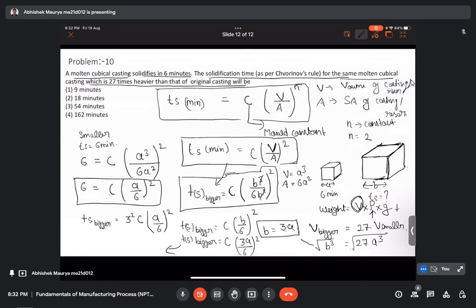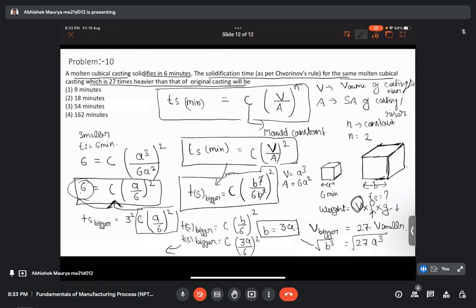Now what is this? This is the same as before, so the value of this thing is 6 here.